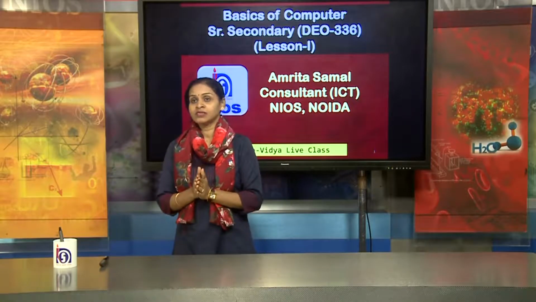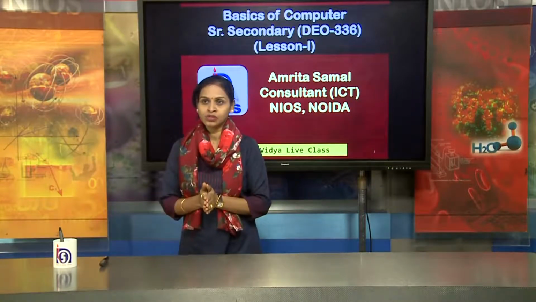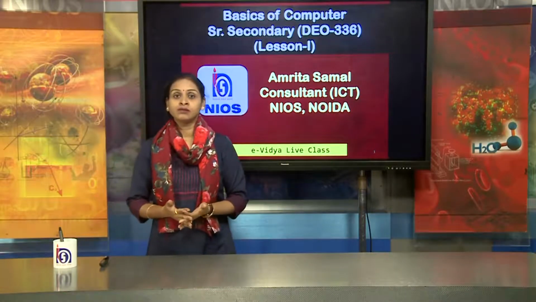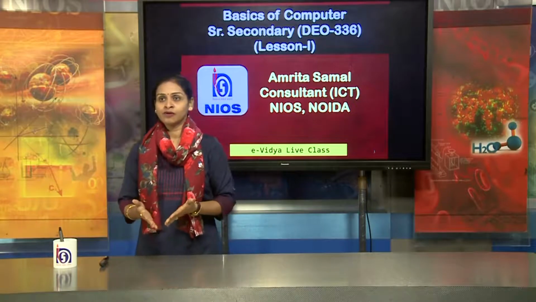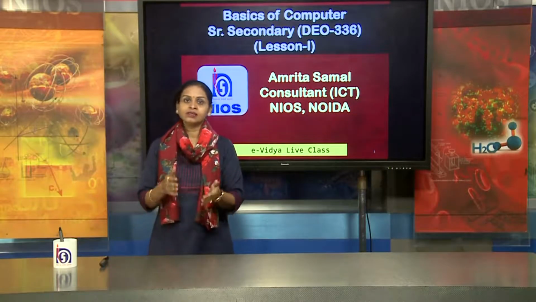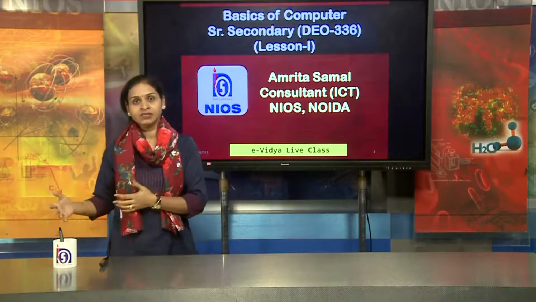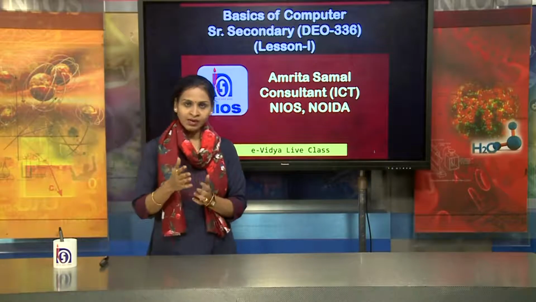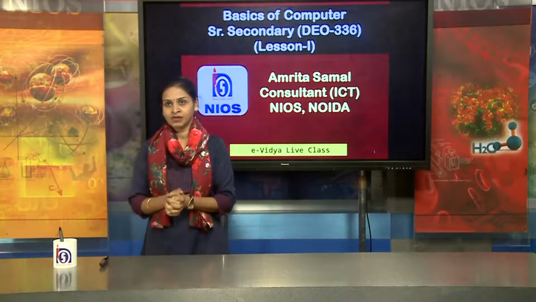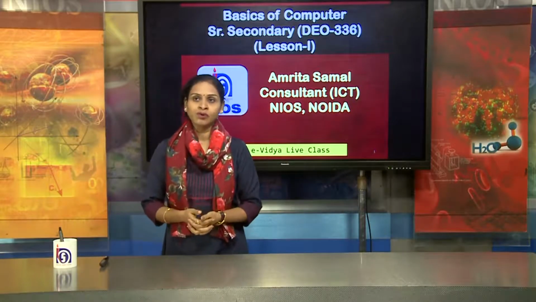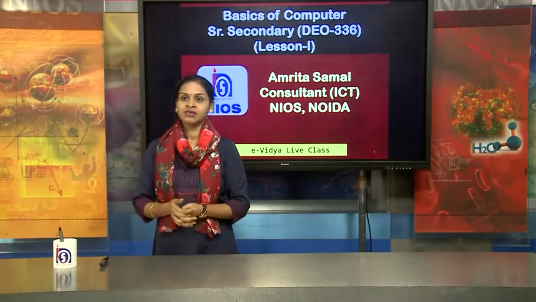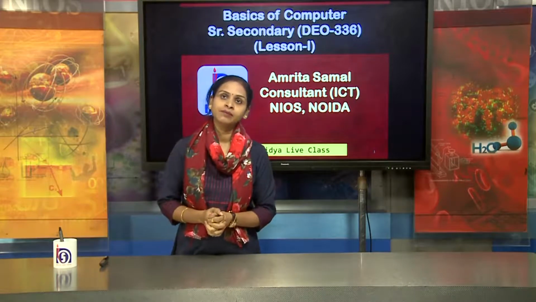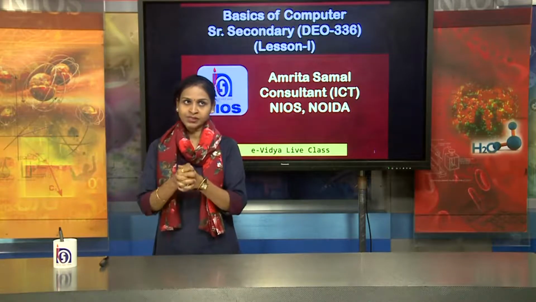Then in output devices, we discussed printer, plotter, and many other devices like projector. Apart from input and output devices, we discussed peripheral devices, which include web cameras, network interface cards, graphic cards, etc. Next we discussed the central processing unit.